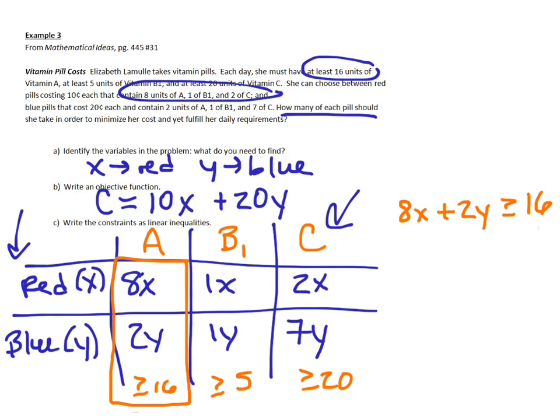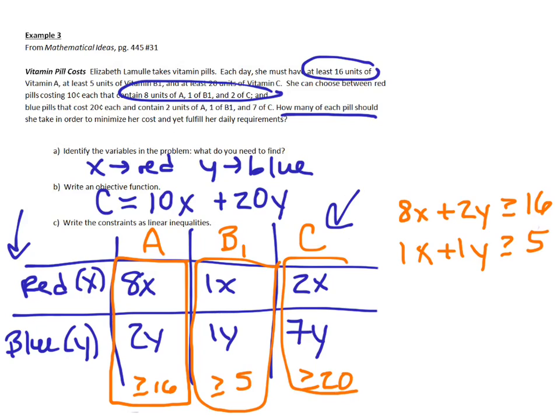I'm just reading down the column. From column 2, I can say that the 1 unit of B1 from the red pills and the 1 unit of B1 from the blue pills must be at least 5 units per day. And finally for C, 2 units from red and 7 units from blue must be at least 20 units.